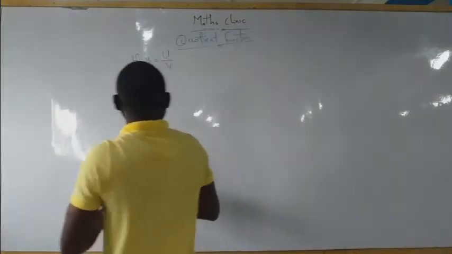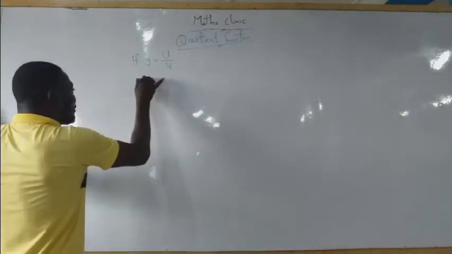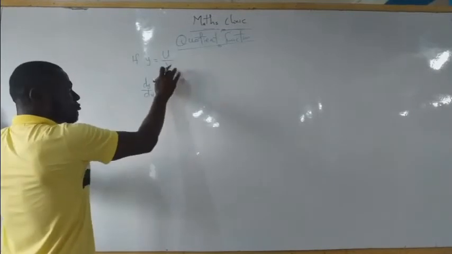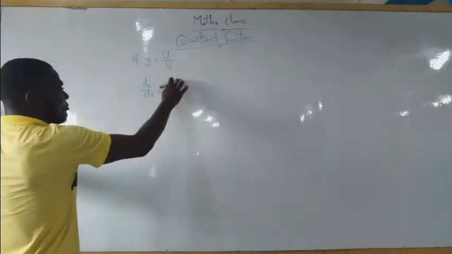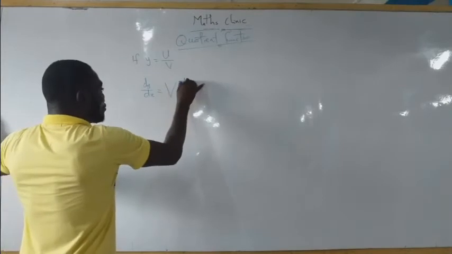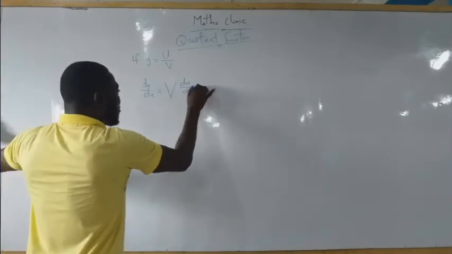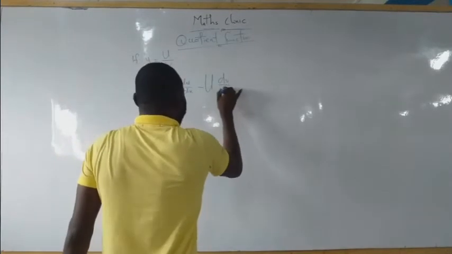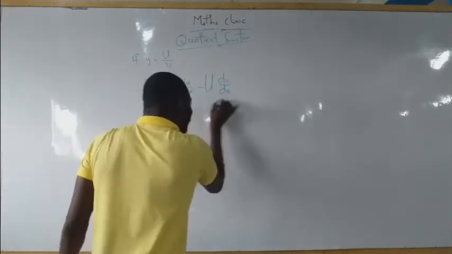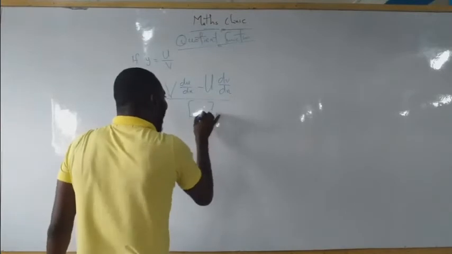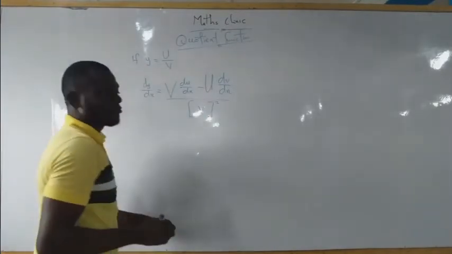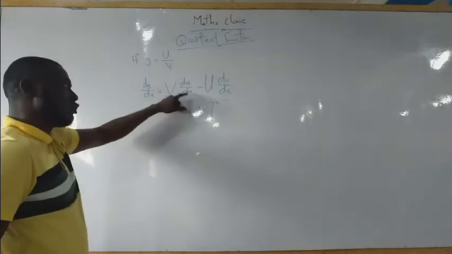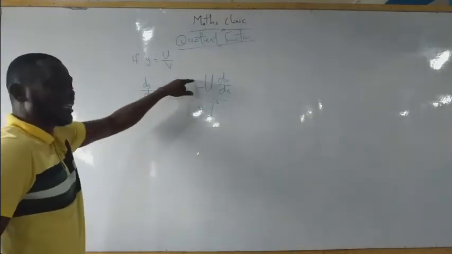Then what will be the quotient function now? The quotient function will be dy over dx equals v du over dx minus u dv over dx, everything over v squared. Look at this: not u du, please, not u dx, but v.